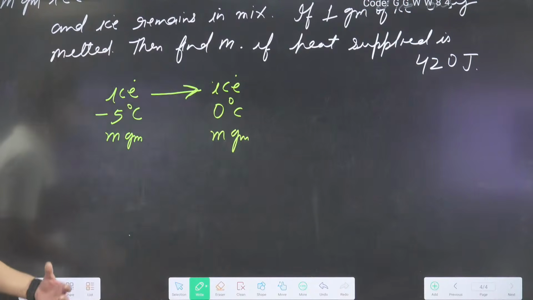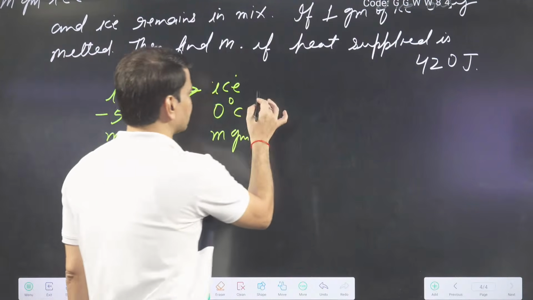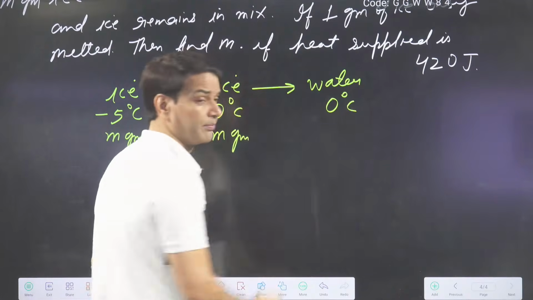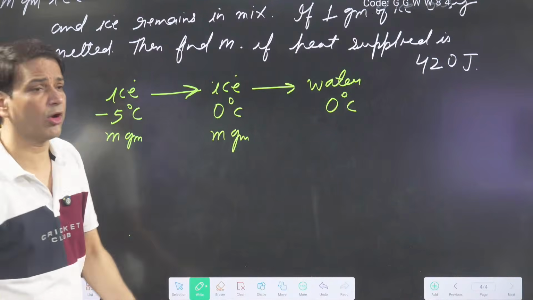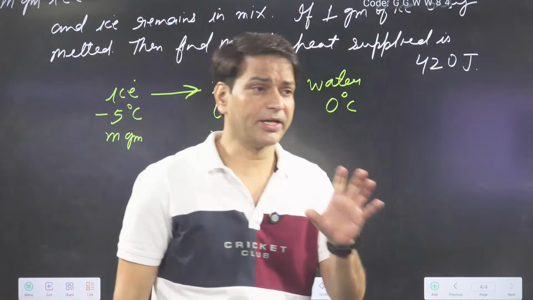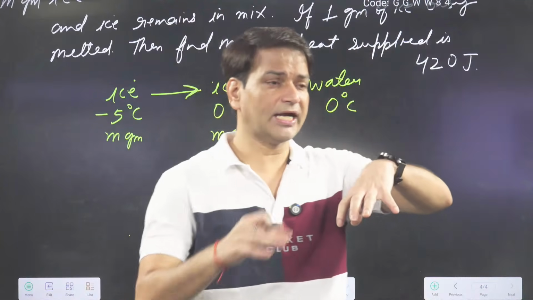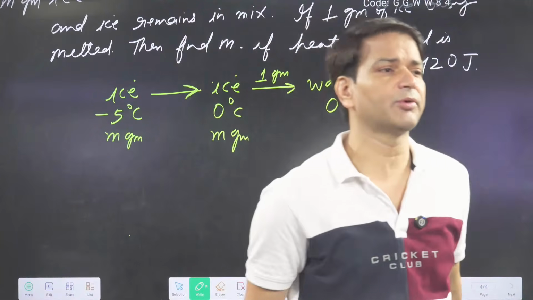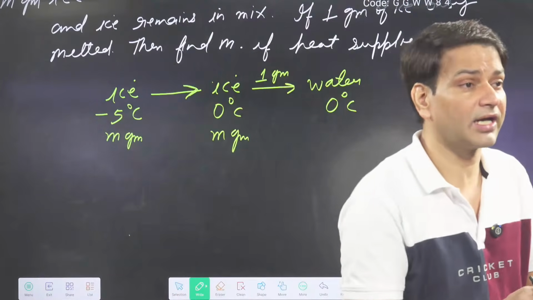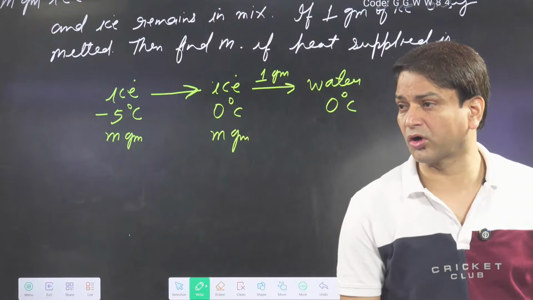Then, as we keep giving heat, the ice will melt and convert into water at 0°C. But they are saying only 1 gram of ice melted, so only 1 gram is melted. First the whole ice goes to the melting point, and in that only 1 gram melts because we are giving 420 heat, and according to the data only 1 gram of ice has melted. Everybody understood this transformation or not?